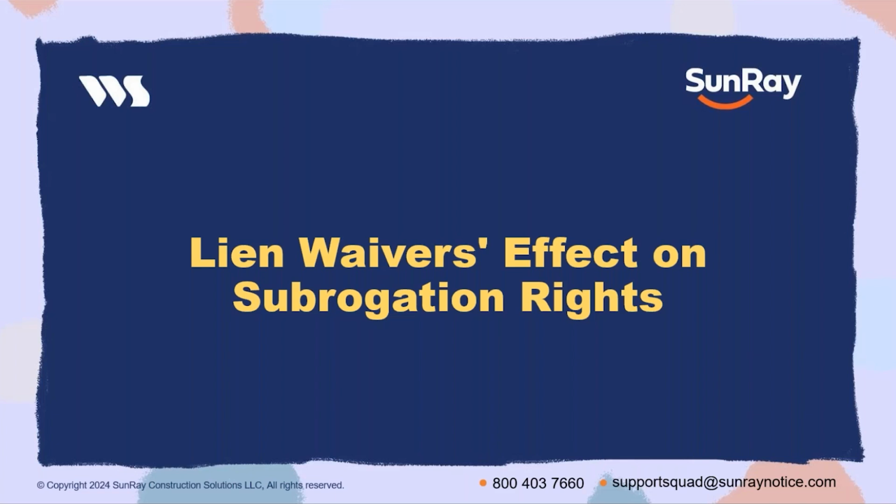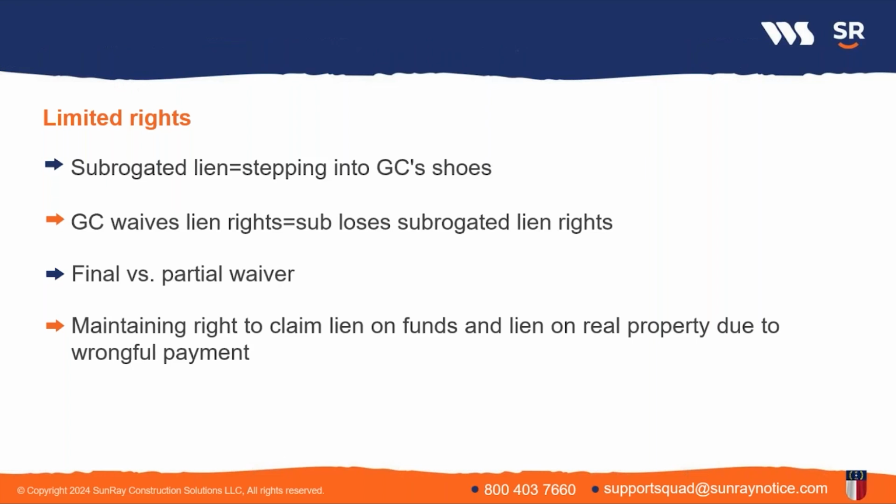All right, so lien waivers' effects on a subcontractor's subrogation rights. So first tier and lower subcontractors in asserting liens on property step into the general contractor's shoes, and therefore a subcontractor's right to enforce that subrogated lien on real property is waived if the contractor signs a lien waiver before the subcontractor perfects its lien on the real property.